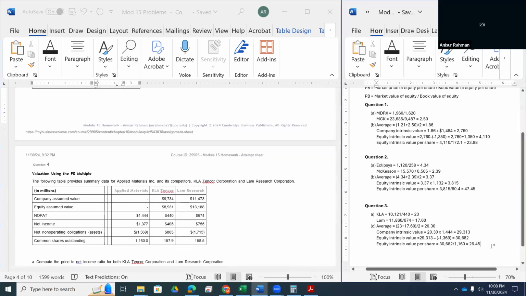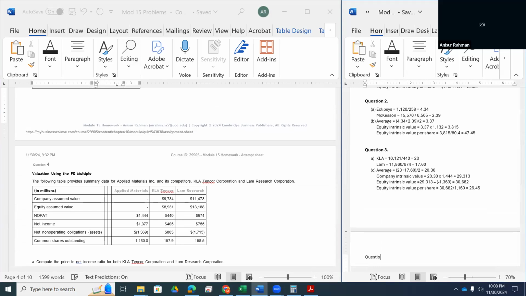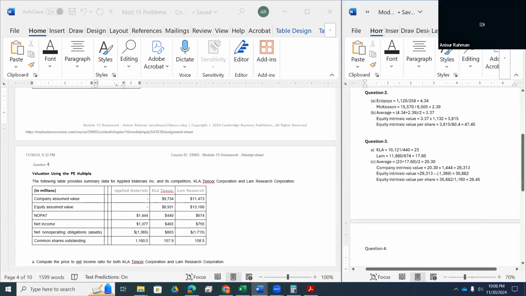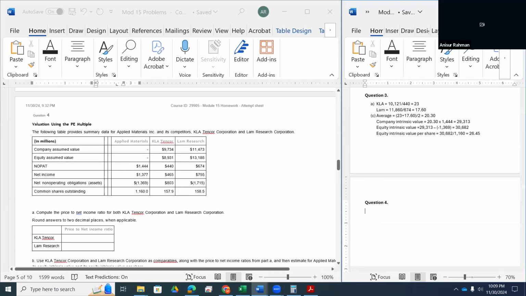Next, question 4. We have to calculate price to net income.